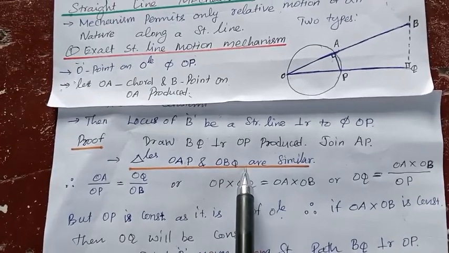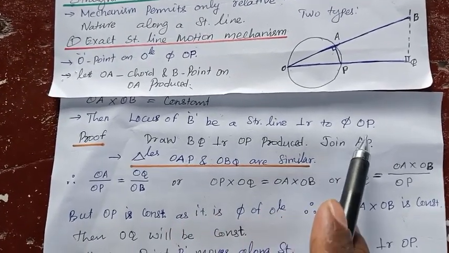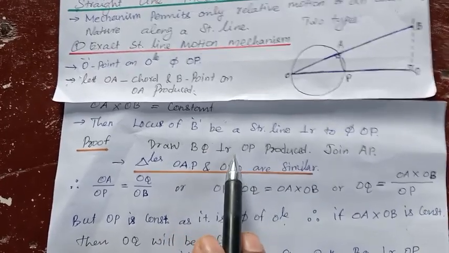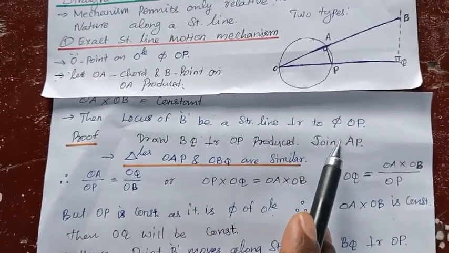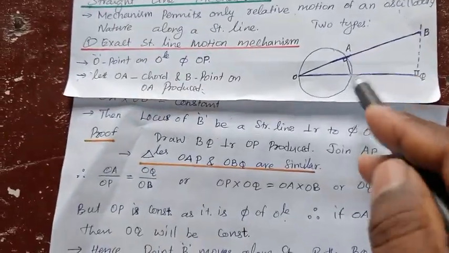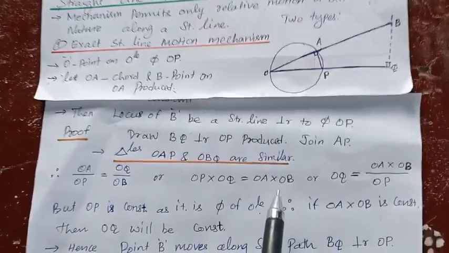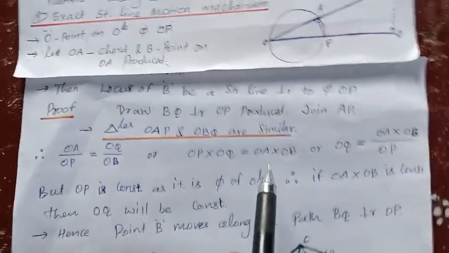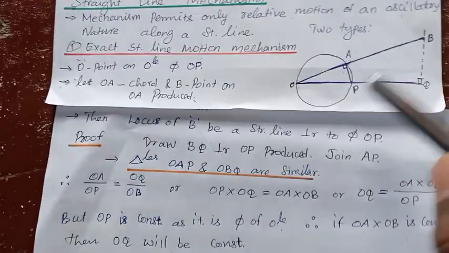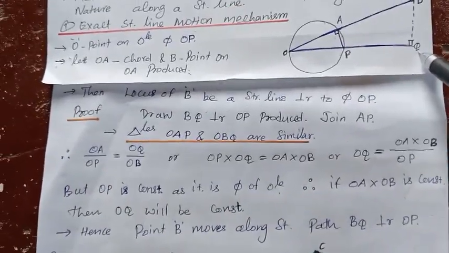Just we prove the locus of point B is a straight line perpendicular to OP. Draw BQ perpendicular to OP produced. Join AP. We obtain similar triangles, OAP and OBQ. OAP and OBQ are both similar triangles.